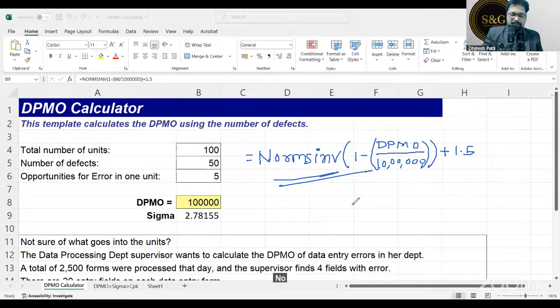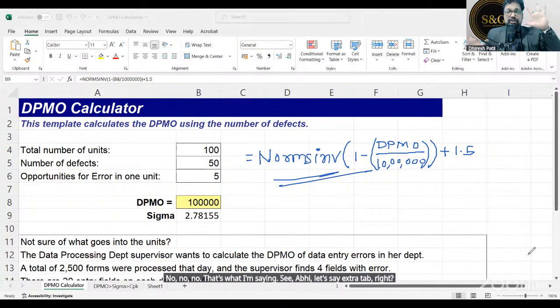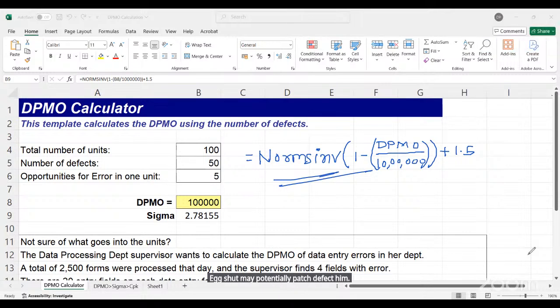No, that's what I'm saying. See, let's say there is one shirt. In one shirt there are potentially 5 defects. Sir, his question is whether a minimum of 10 shirts are defective.